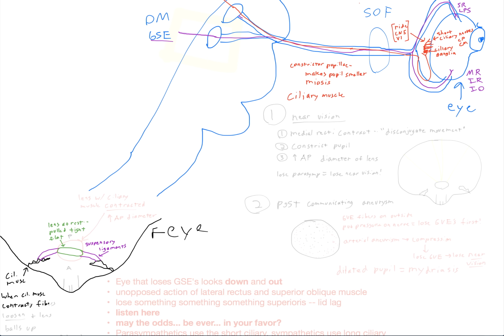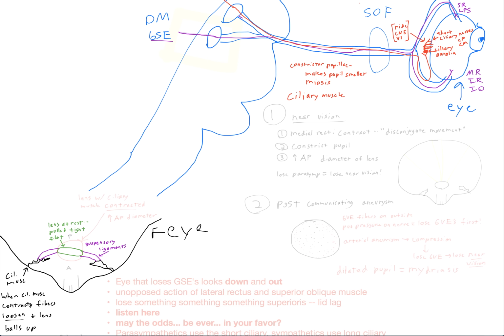Does that make sense? I'm going to say it again because sometimes people have a hard time with that. At rest, those fibers are tight and they pull the lens flat like a pancake. When the ciliary muscle contracts, it allows those fibers to become loose. When those fibers loosen, the lens balls itself up into a ball.